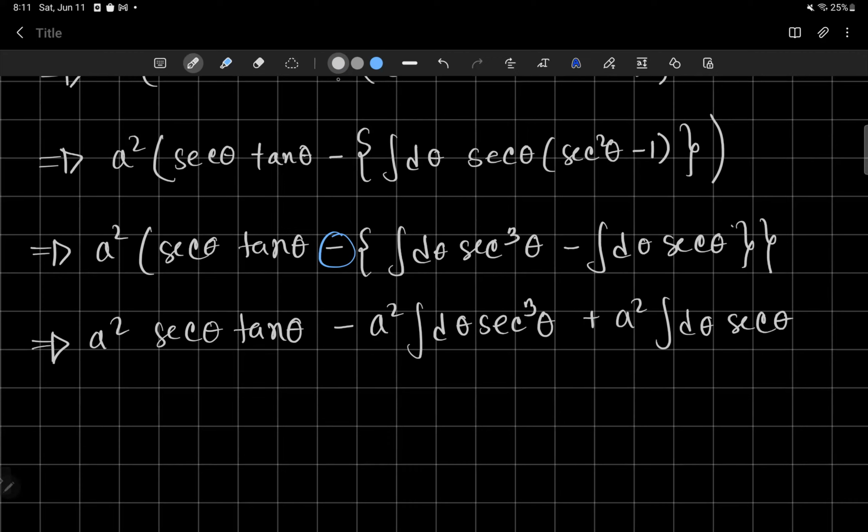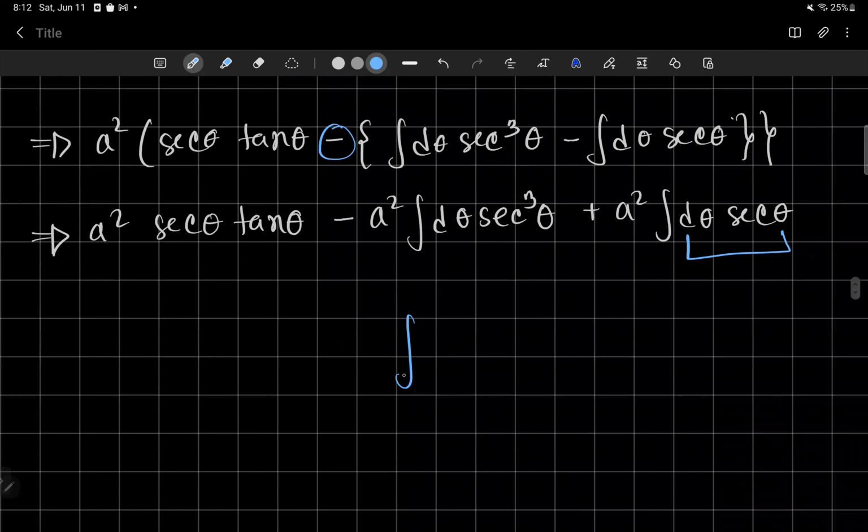Now this part is doable. I think it's ln sec x, maybe, if I'm not wrong. You can prove it, that this is some ln sec x or something. Is it right? There exists a very nice formula for the integration of sec theta.